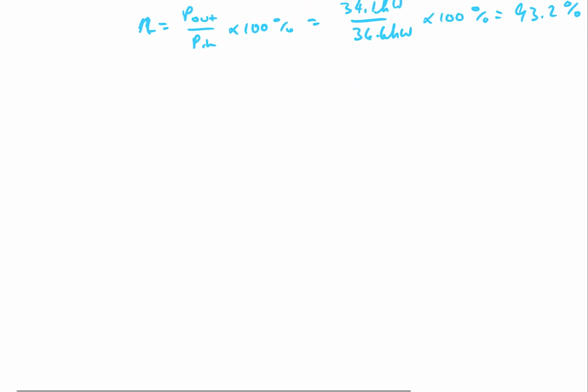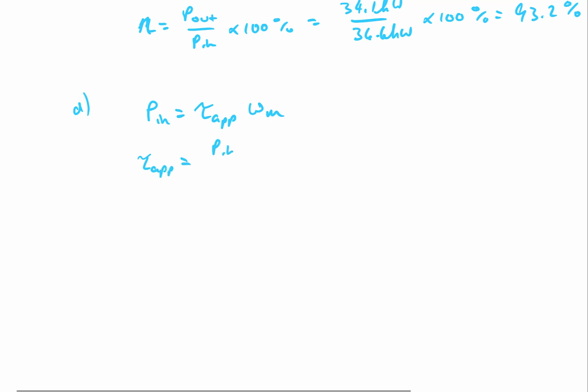In part D, we are asked for the shaft torque applied by the prime mover at full load. Okay, so we can start out, we know the input power now, so we can use the equation P in is equal to the applied torque times the speed, and we'll solve this for the applied torque.